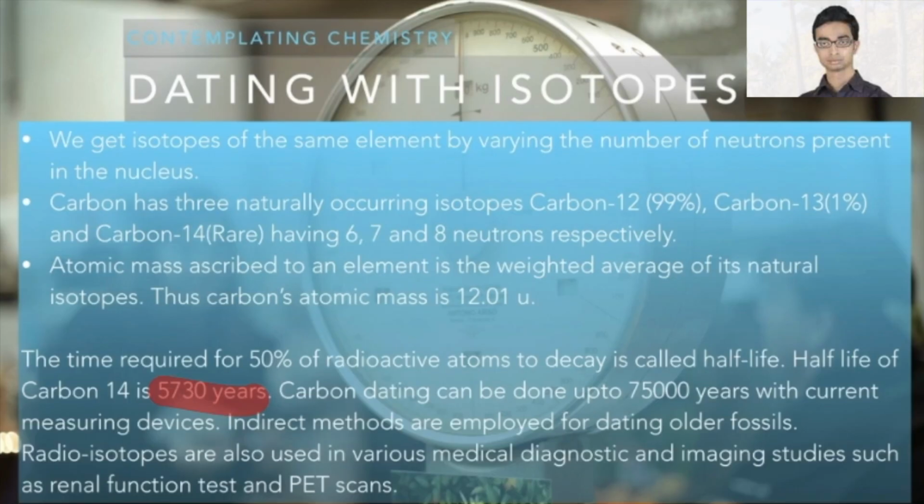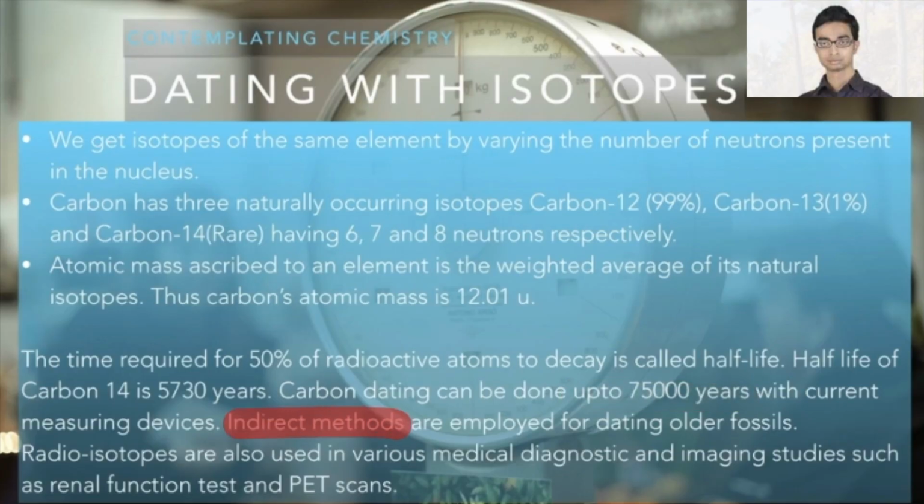When an organism dies, it stops accumulating naturally occurring carbon isotopes, and by measuring the amount of carbon-14 atoms left, a fossil can be dated. Carbon dating can be done up to 75,000 years with the current measuring devices. Radioactive isotopes with higher half-life than carbon is used for dating older fossils.